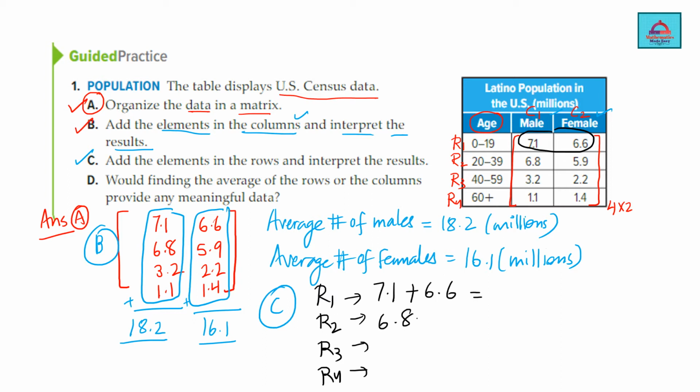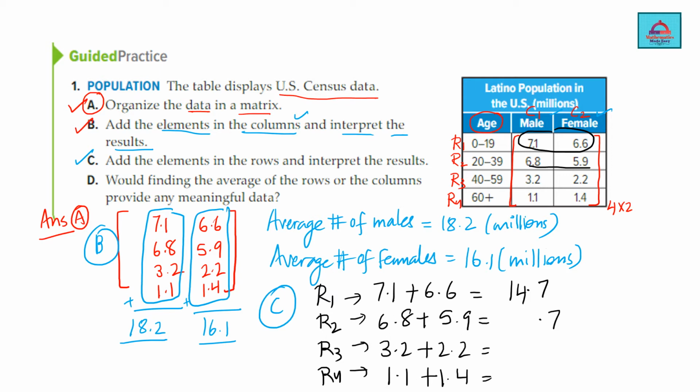Then for row 2, we come here: 6.8 plus 5.9. Similarly, 3.2 plus 2.2, and 1.1 plus 1.4. So this comes out to be 13.7, 12.7, 5.4, 2.5. Okay, so this is the information.